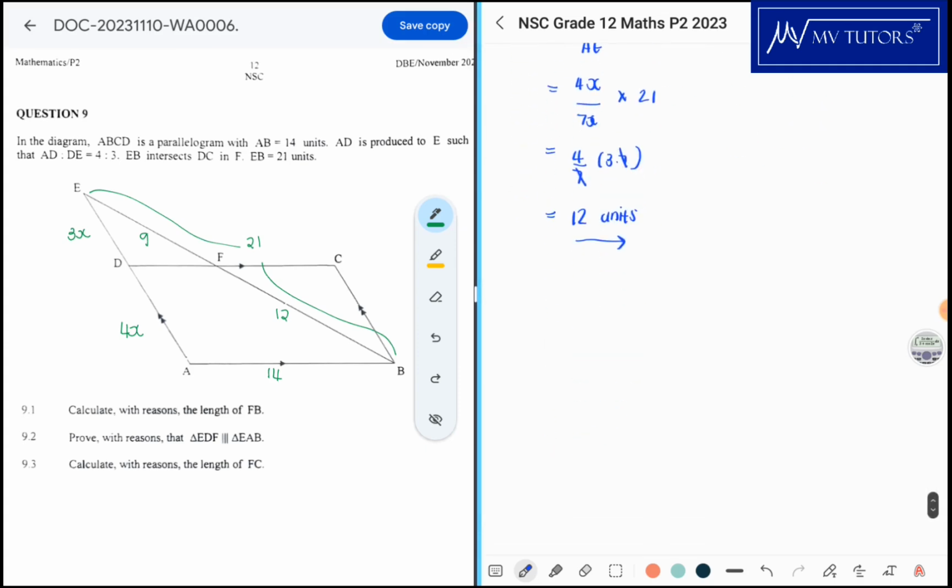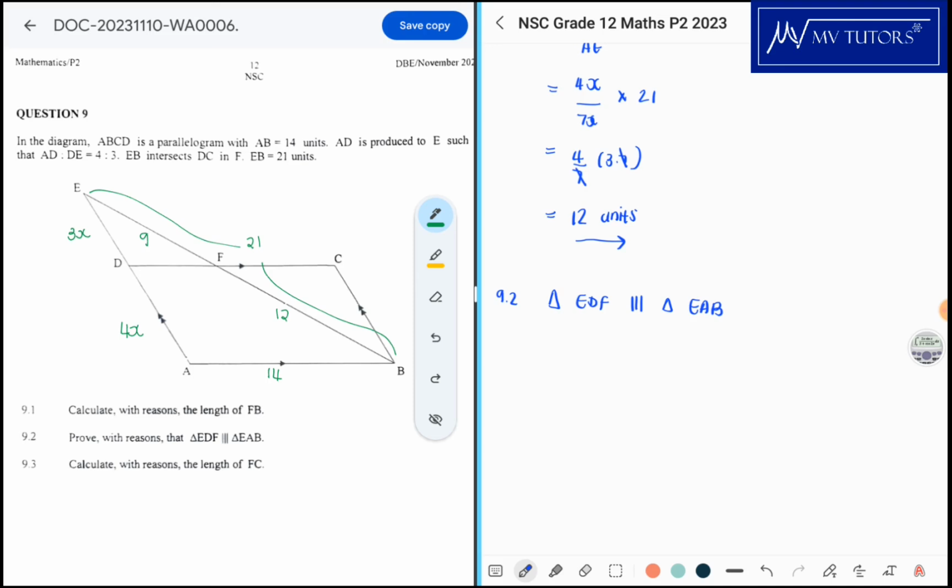Alright, so we can go over to 9.2. So it says, prove with reasons that triangle EDF is similar to triangle EAB. Alright, so triangle EDF, and then triangle EAB.